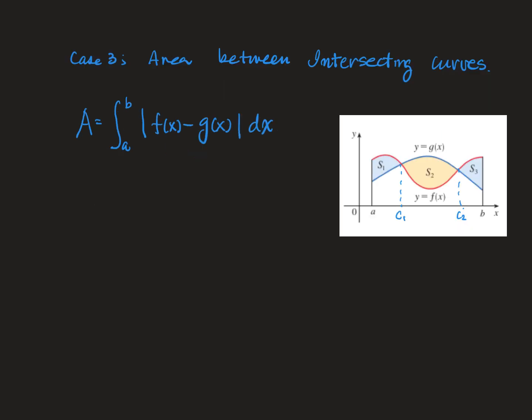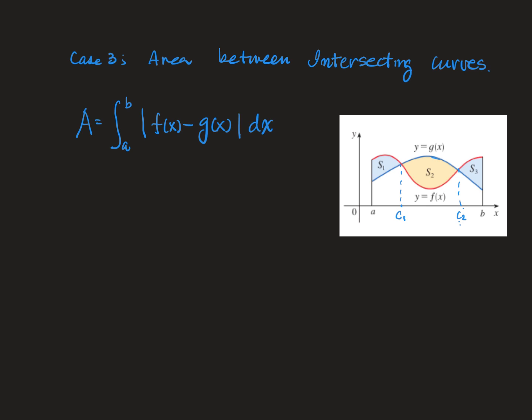In the previous two cases, the two curves don't meet or intersect. But the third case is where on some interval f is up, on the second interval from c1 to c2 g(x) is up, and from c2 to b f(x) is up. You have to be very careful in these cases because the height is always positive, which means the area should always be positive.